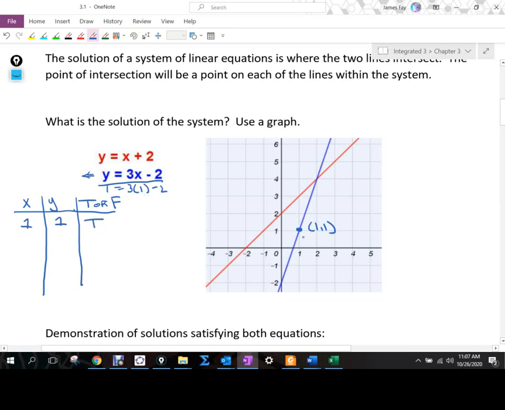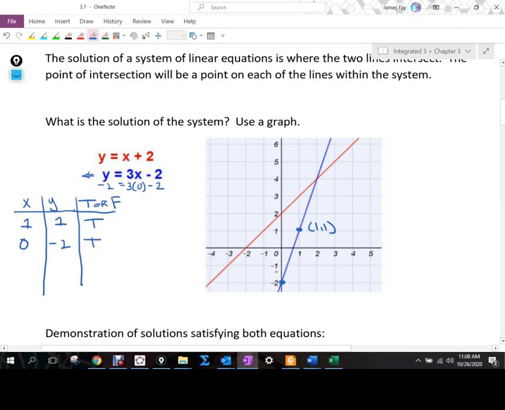Let's try the point with x as 0 and y as negative 2. Same idea: 3 times 0 is 0, minus 2 is negative 2. Is negative 2 equal to negative 2? Yeah. Every one of these points is going to be like that.